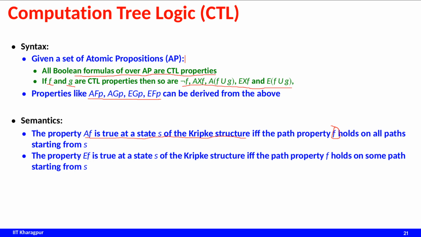F is the path property, and when I make it AF, it becomes a state property. Similarly, EF is true at a state S if and only if the path property F holds on some path starting from S.